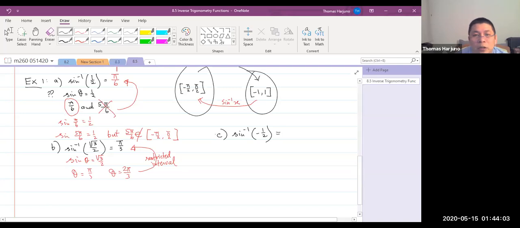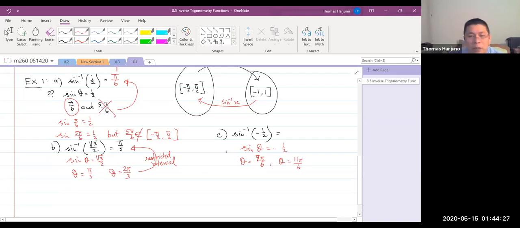Maybe I answer this first. Sine of what angle equals negative 1/2? Then you will say, oh, negative 1/2 will be when theta is 7 pi over 6 or 11 pi over 6.